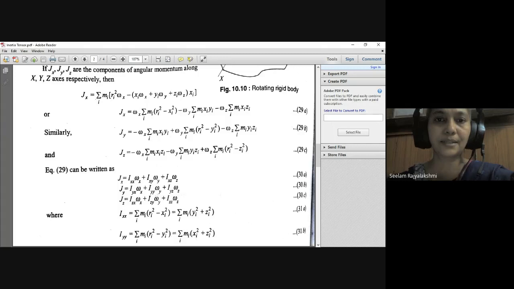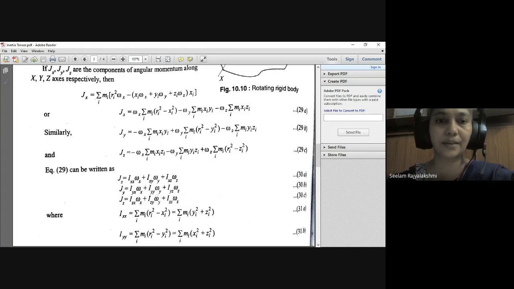By considering equation number 29a, sigma mi (r square minus xi square) is nothing but sigma i mi (yi square plus zi square). So here Jx is equal to Ixx.